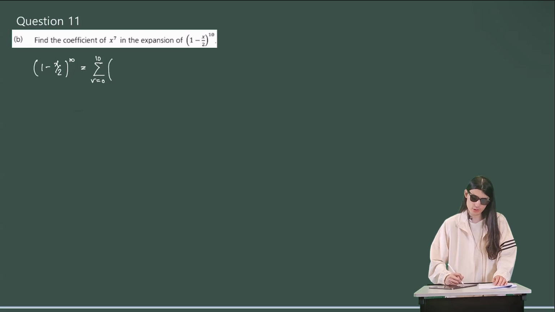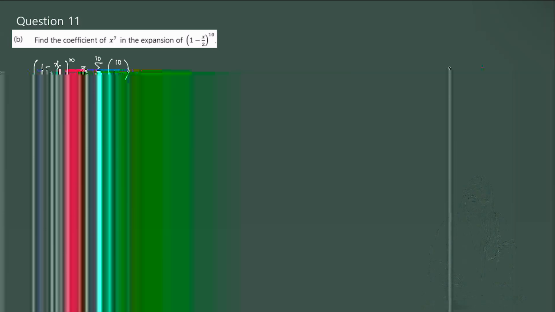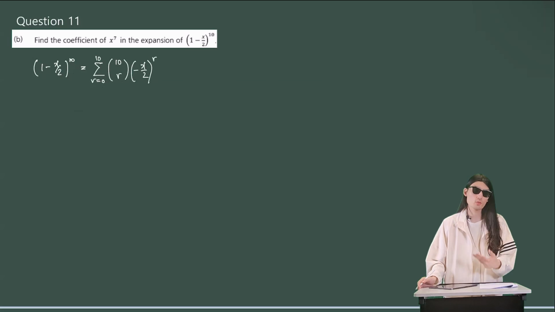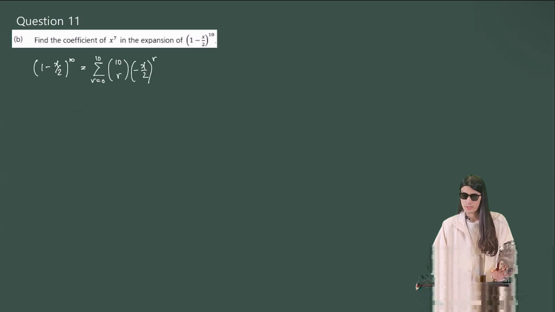That's got the general structure 10CR, 1 to the power of 10 minus R, and negative x on 2 to the power of R. Of course, there's no need to write 1 to the power of 10 minus R. That's always equal to 1. 1 raised to the power of anything, it's always equal to 1. Okay, and multiplication by 1, there's no need to write that.